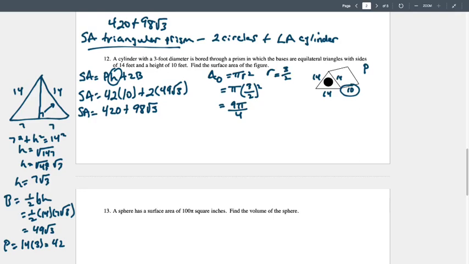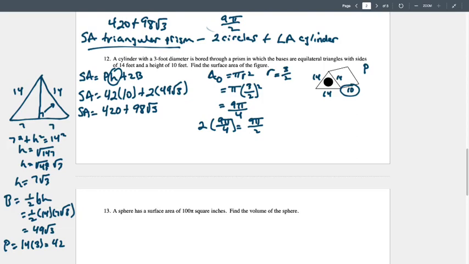So this ends up being 9 pi over 4 times, well, actually I need to do 2 of those. So 2 times 9 pi over 4 gives me 9 pi over 2. So that's what the two circles' areas are. Let me erase this and just replace it with that. So 9 pi over 2 is my circle area that I'm going to be subtracting.